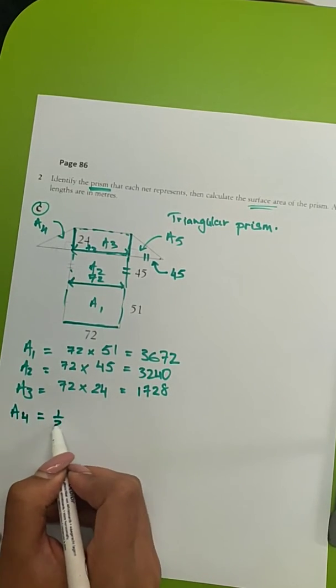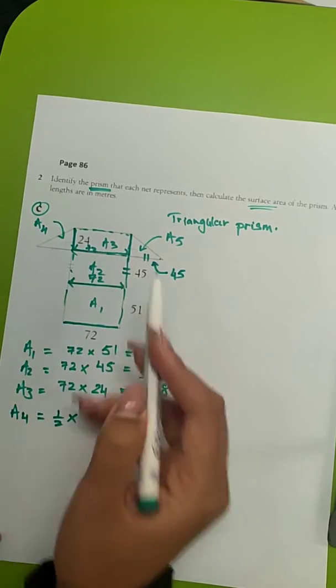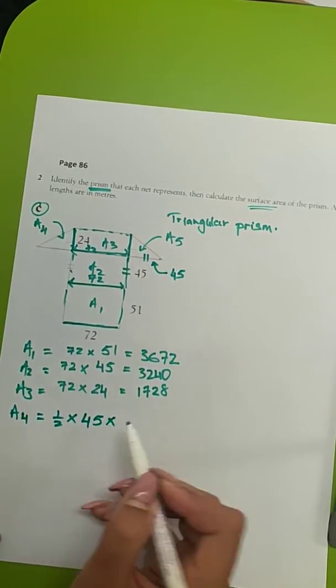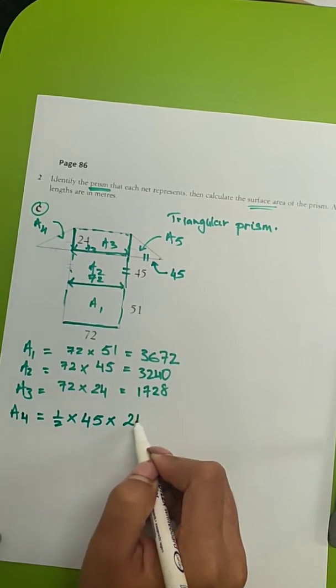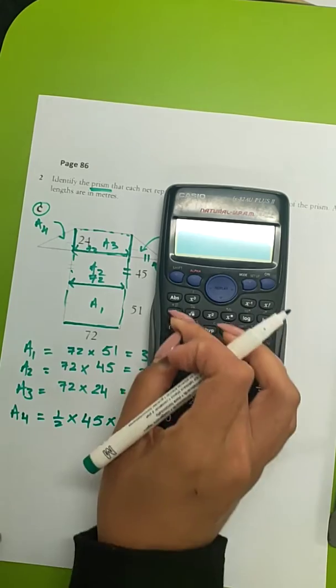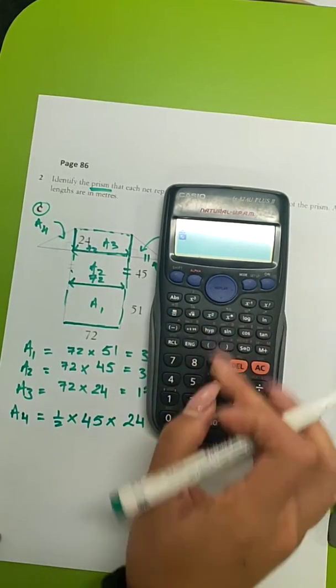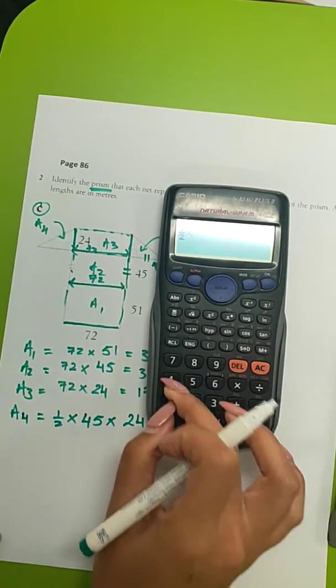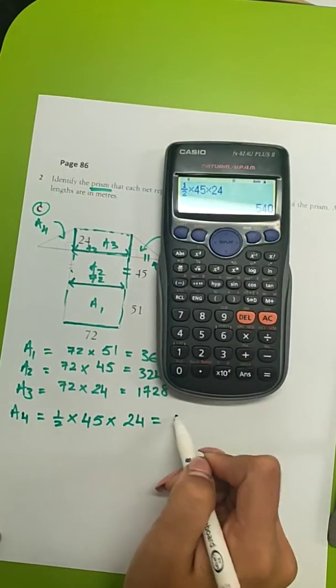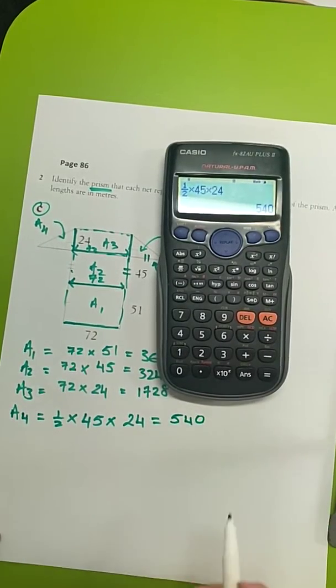So what's the area of my triangle? It's half the base, which is 45, times the height, which is 24. Okay, so all we have to do is half times the base, which is 45, times the height, which is 24, and that's 540.